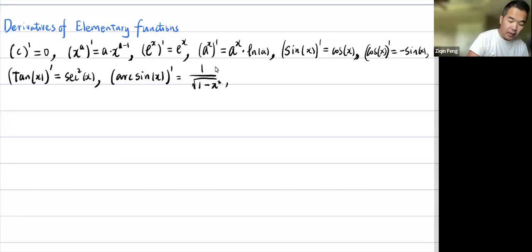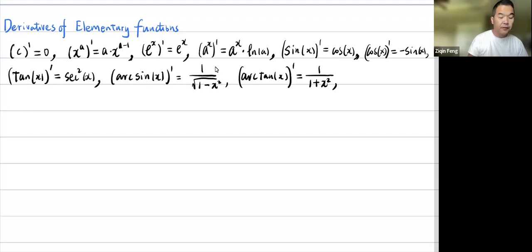And also arc tangent of x prime is 1 over 1 plus x squared. And one more thing here is the inverse of the exponential function, natural log of x prime is 1 over x. So this is a complete list of derivatives we need to remember for the midterms and the final exam.